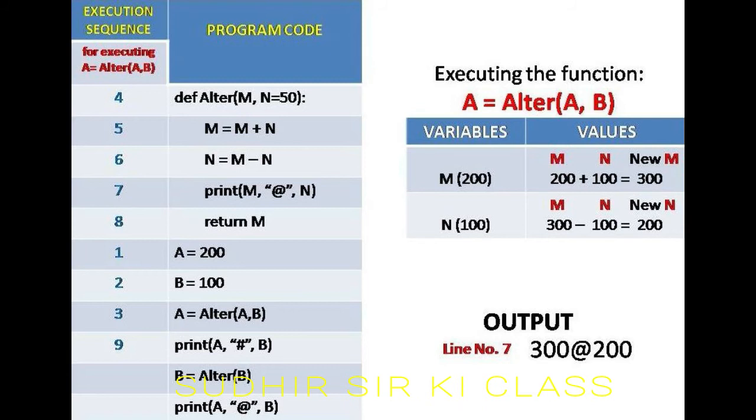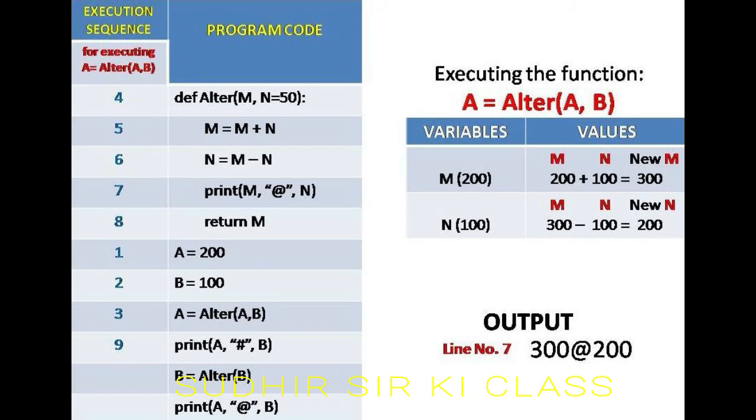And we have returned this value. So when we are returning, this value will come to A in line number 3 and the value of A will be updated permanently. I am repeating it. Please be very careful. The value of A will become 300 now. It will be no longer 200.